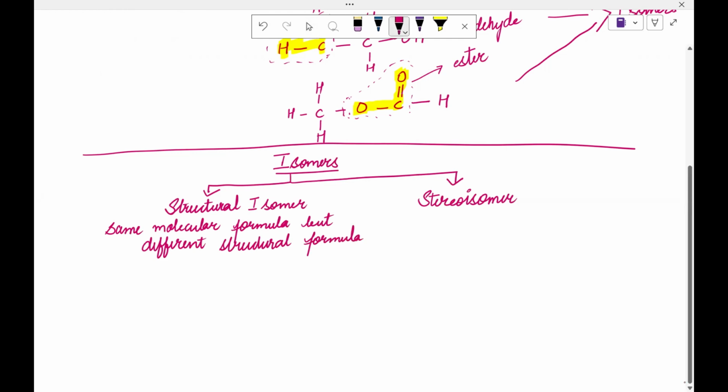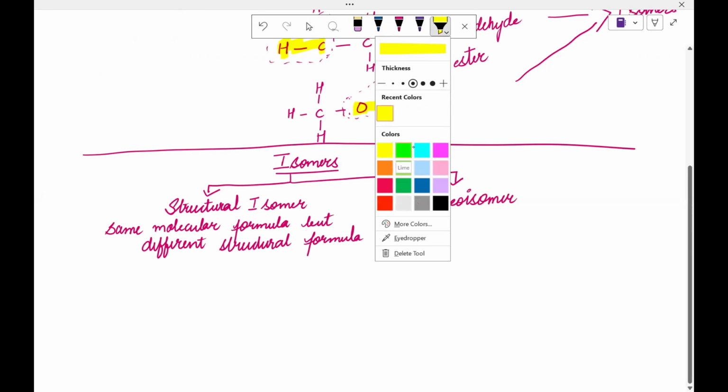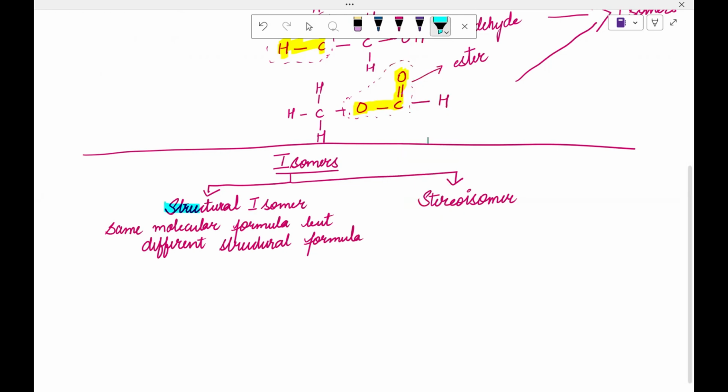And now they are going to have further types as well. And what are those types?